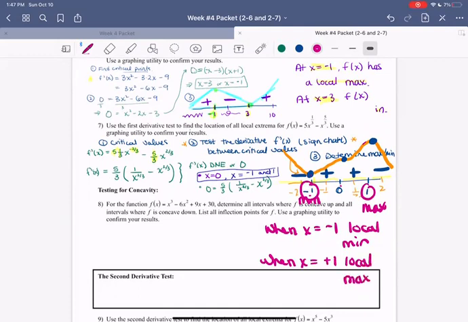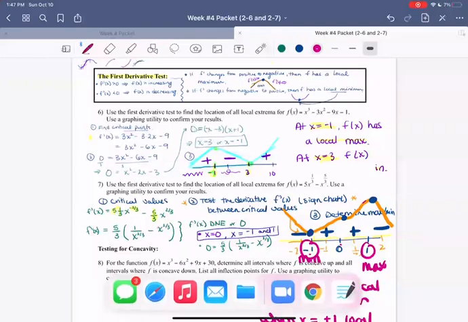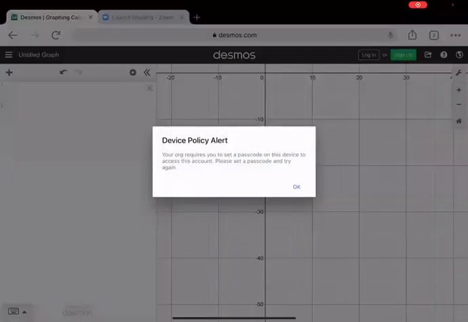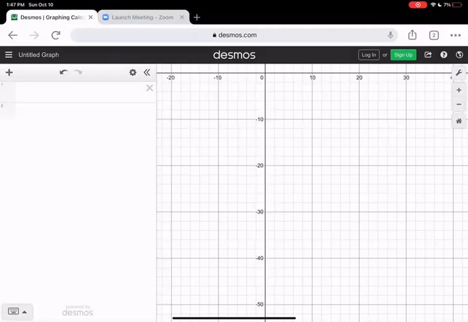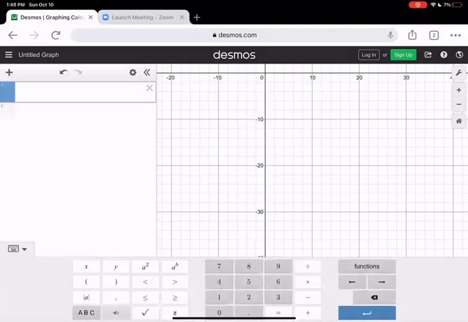All right, so now let's go ahead and graph this function to see if what we found is correct. Let's go over here to our Desmos graphing calculator. And recall, am I going to put in the derivative here or the function? The function, because I want to know, is the function min or max at these locations?